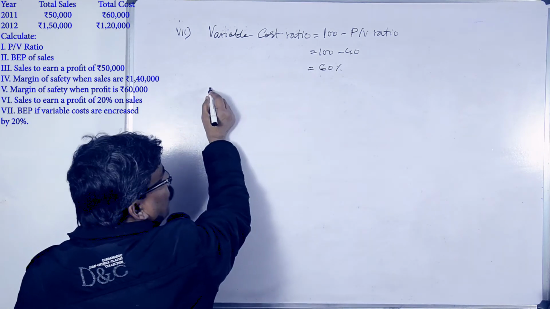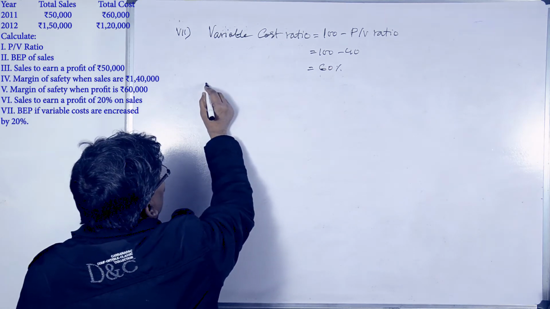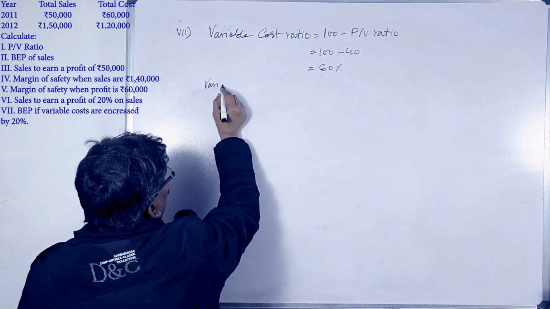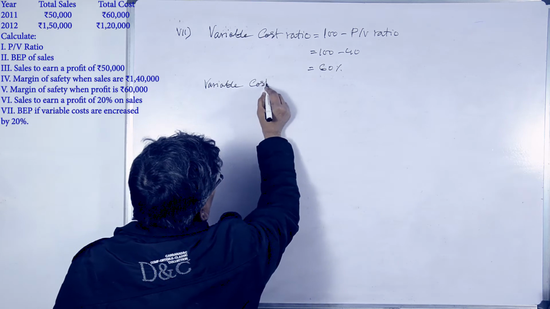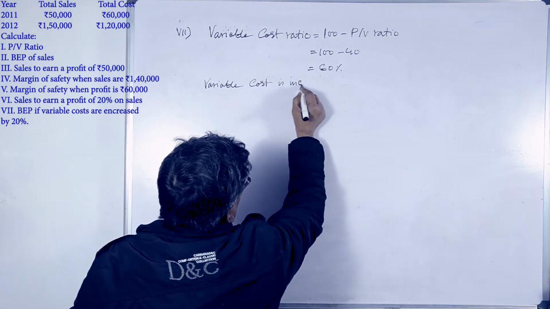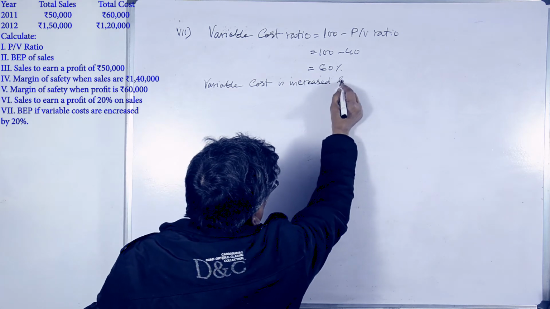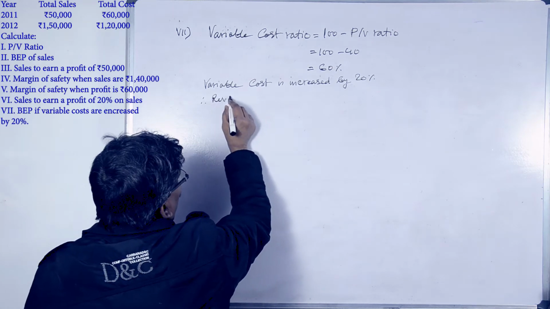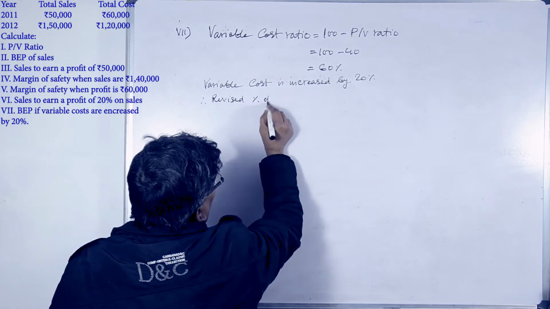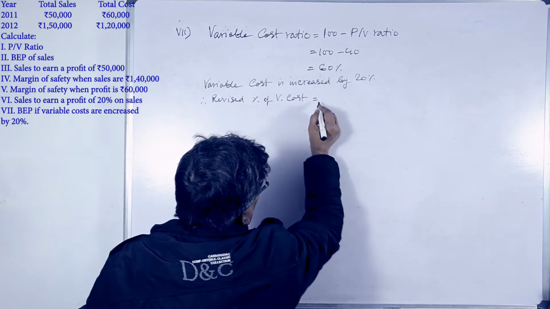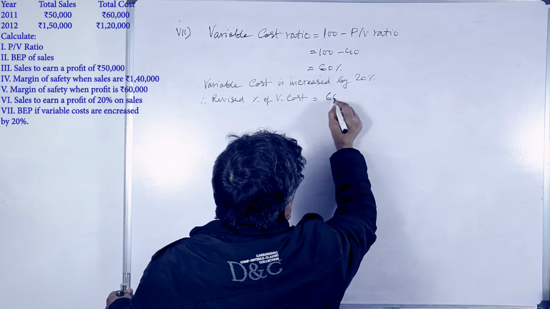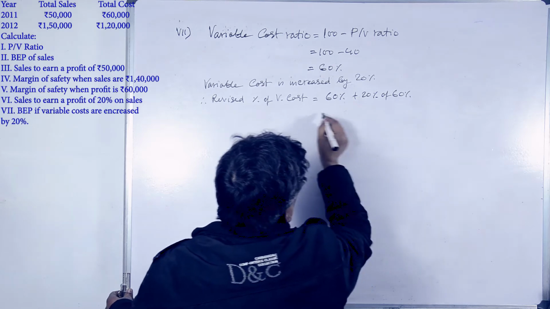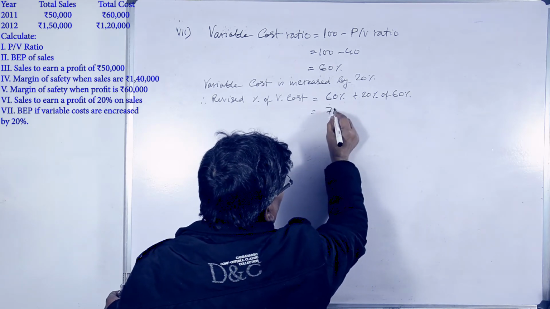If variable cost is increased by 20%, then the revised variable cost, how much will it be? That is to be calculated this way. Variable cost is increased by 20%. Therefore, revised percentage of variable cost equals 60% plus 20% of 60%, means 60% and this is 12, it is equal to 72%.